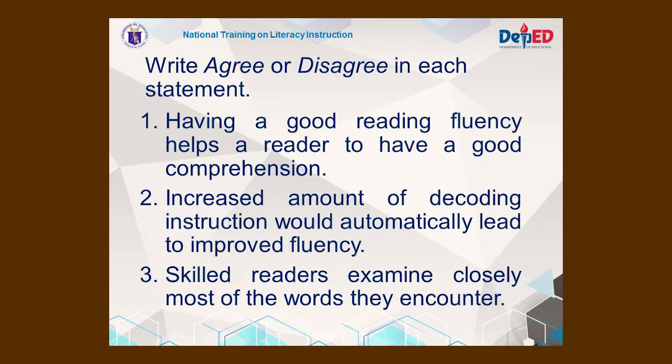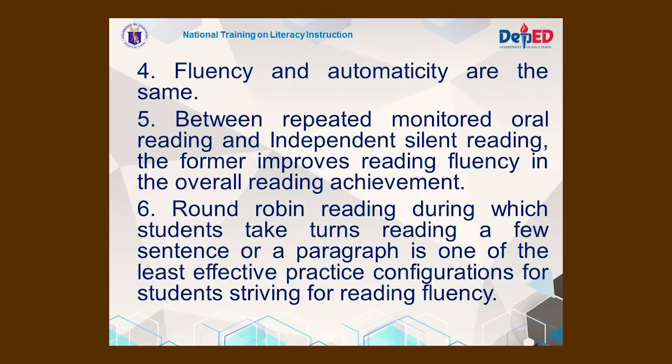Number two, an increased amount of decoding instruction would automatically lead to improved fluency. Number three, skilled readers examine closely most of the words they encounter. Number four, fluency and automaticity are the same.